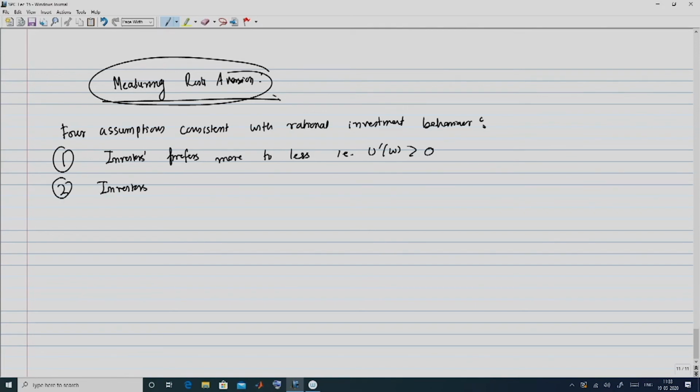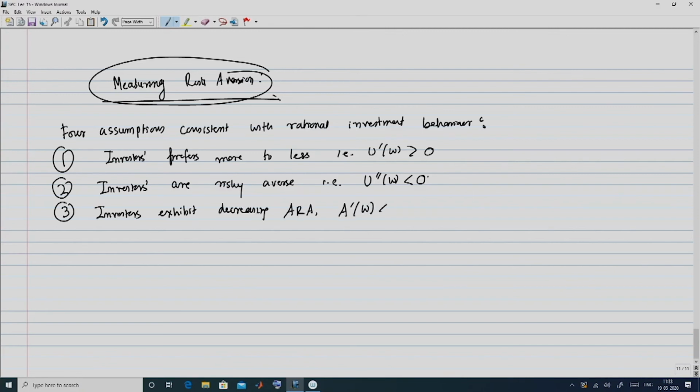Now, investors are typically risk averse. So, this means that u double prime of w is going to be less than 0. Thirdly, investors exhibit decreasing absolute risk aversion, that is a prime of w is less than 0, and finally, investors exhibit constant relative risk aversion, that is r prime of w is equal to 0.